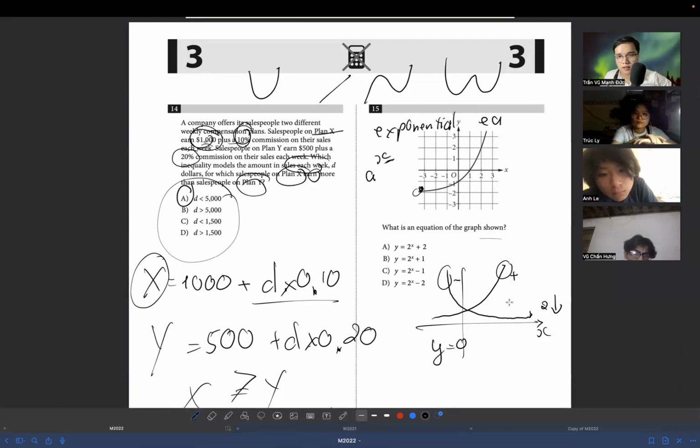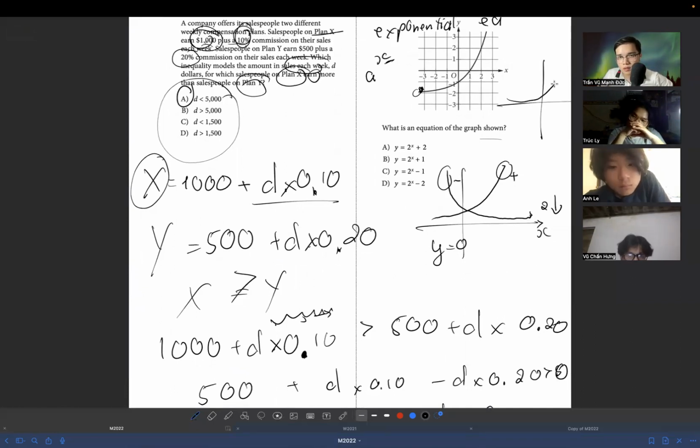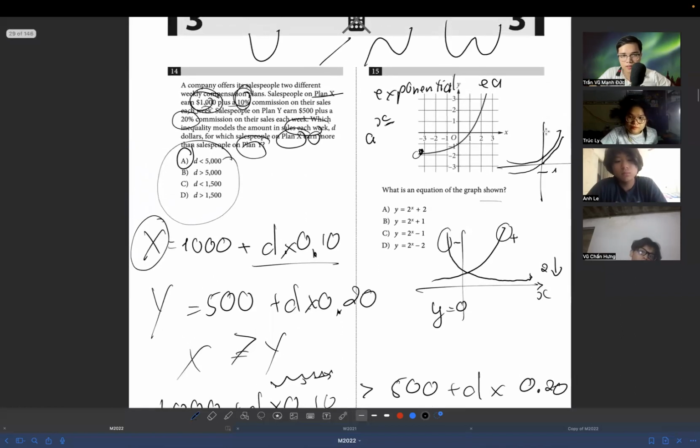If you ever move this down 1 unit, okay, for example, you just move it down 1 unit. You have -1, and you have like this 1 unit. Yeah, this is the equation which is moved down 1 unit, and this is not correct.